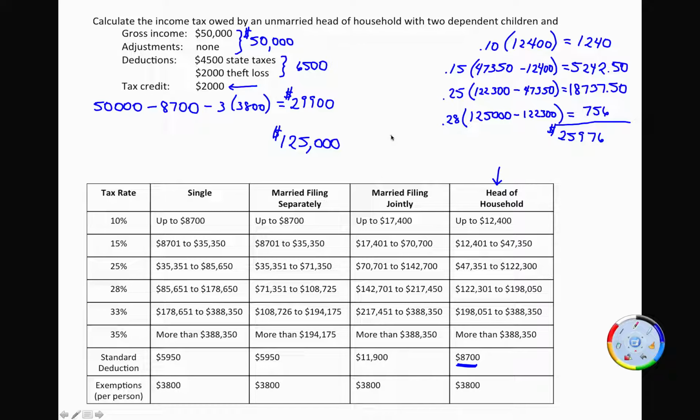Okay, let's see what percent that is. Well, really we can't see what percent of his actual income that is, because we don't know his original income. Remember, he's already taken many thousands of dollars off of that. Percent of his taxable income, though, is 20.1%.